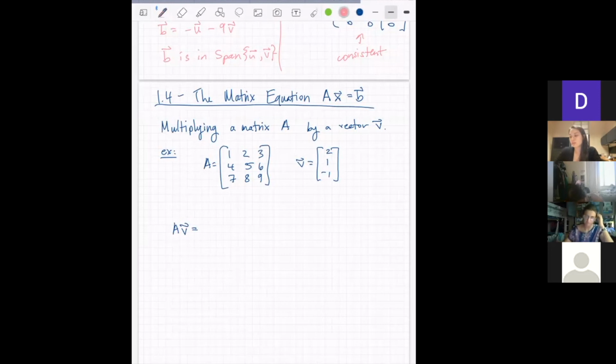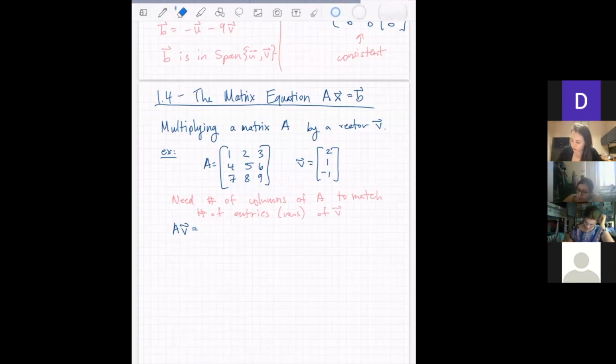Now, to actually multiply a matrix by a vector, it's important that the number of columns of A needs to match the number of entries or rows of V. Okay, and you'll see why when we actually do the computation, because if we didn't have that, it wouldn't work, right?